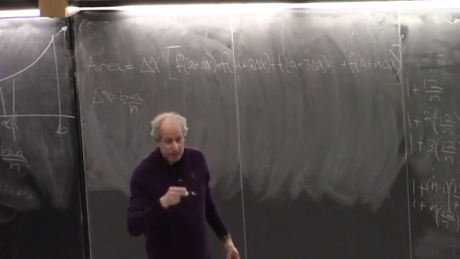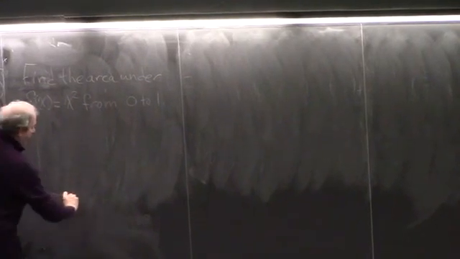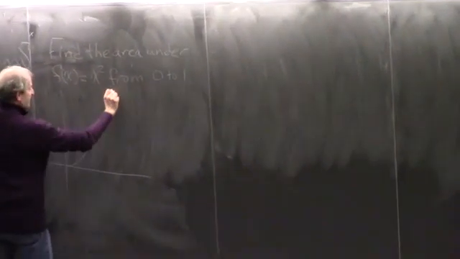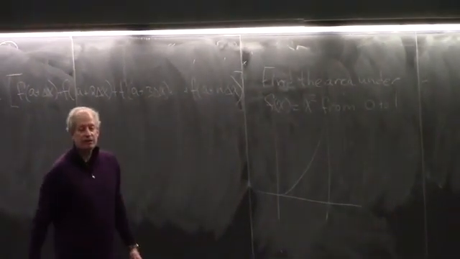So let's do an example. Let's actually do a problem where we can figure this out. Okay, so we're going to find the area under the curve y equals x squared, going from 0 to 1. Nice and simple, right? That's the curve. That is just a parabola.